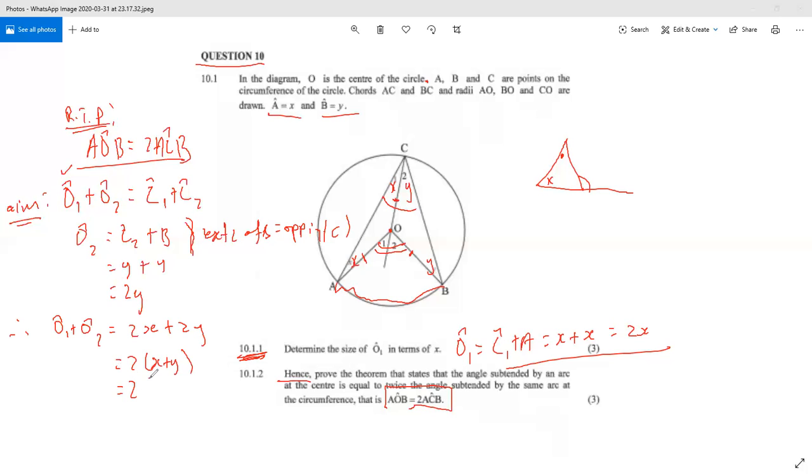But this x plus y is just C1 plus C2, and this is 2 times angle C1 plus angle C2. You'll pardon me here, this thing was supposed to have a 2 here. I left that out, but of course, in the required to prove statement, it makes sense.